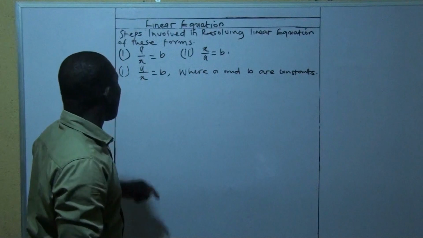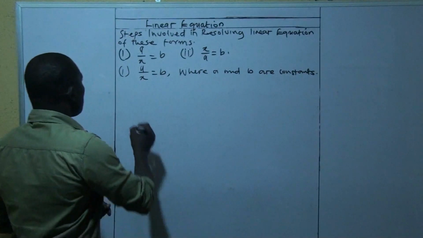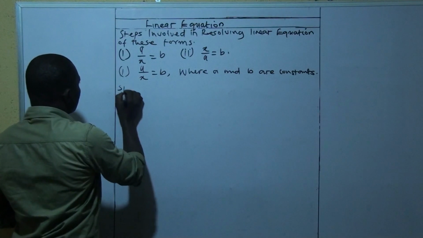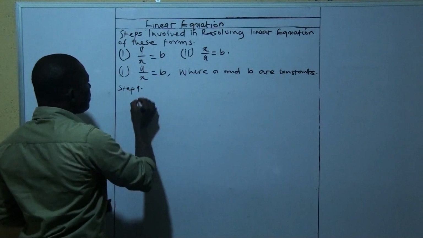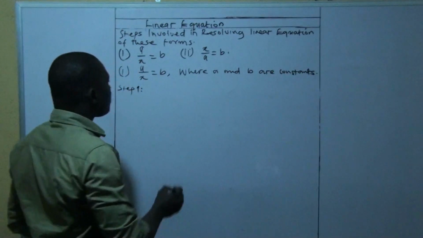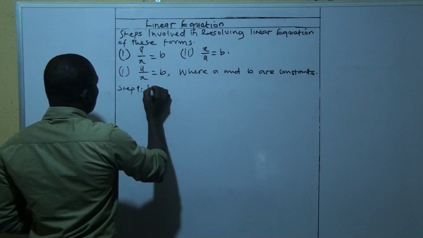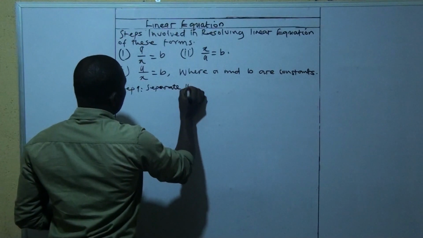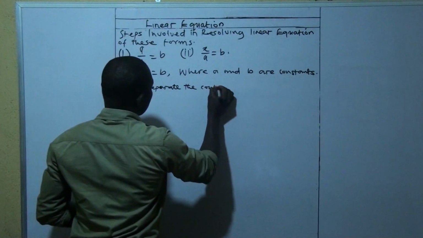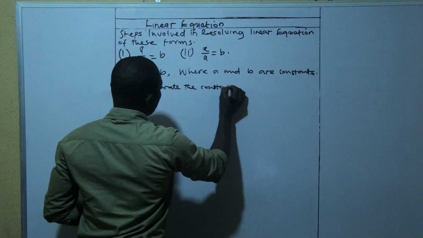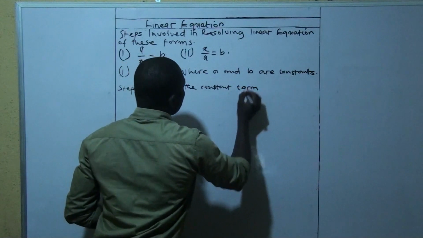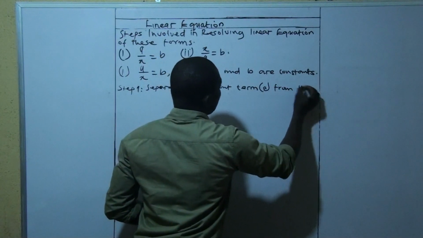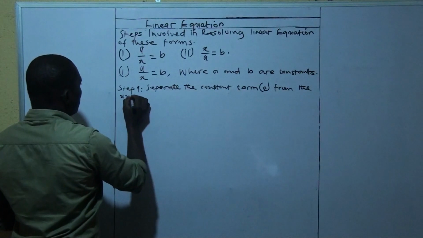If you are confronted with this kind of linear equation, this is what you do first. Step 1 is separate the constant term, which is now a, from the unknown term.